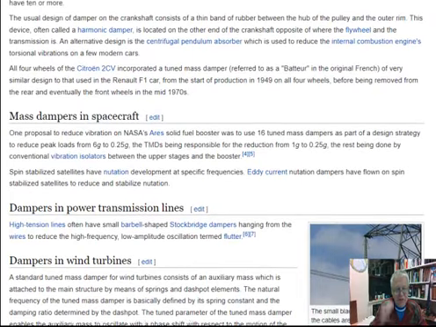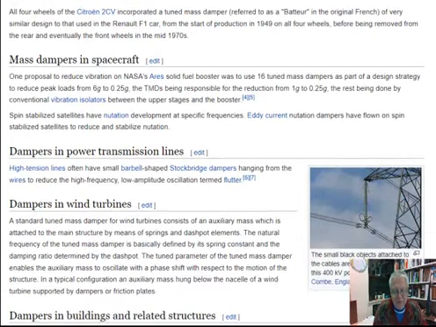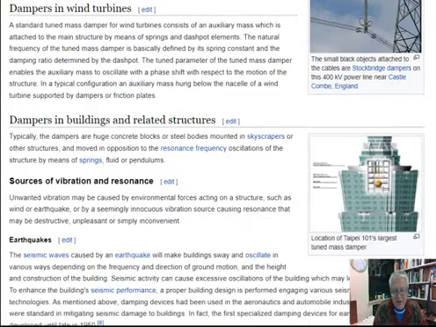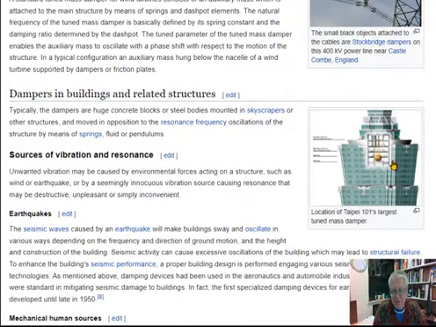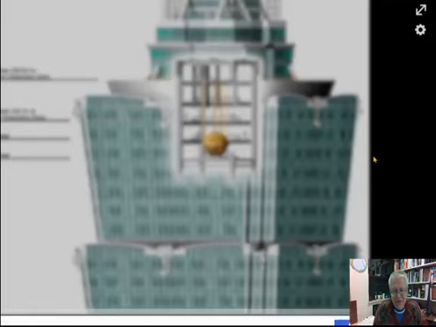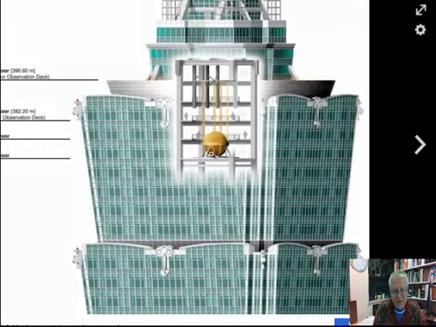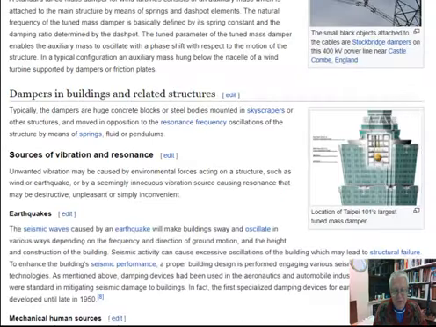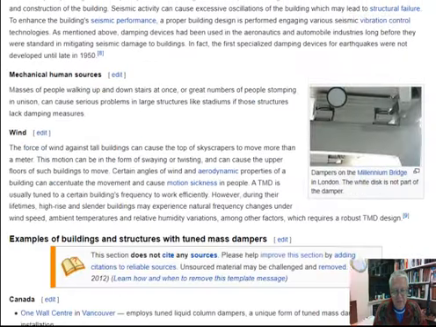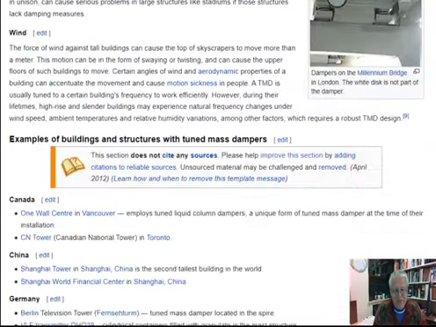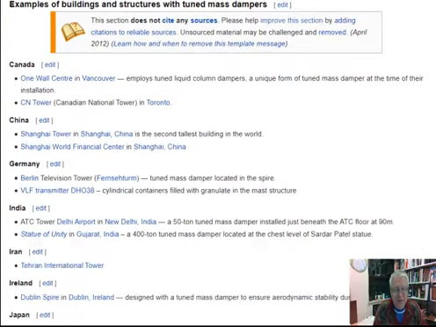And apparently mass dampers in automobiles, you're familiar with them, the suspension that we have, and they're just placed here in the tower itself. I don't know if they use springs on this particular one, but some kind of mechanism. Earthquakes as well here.